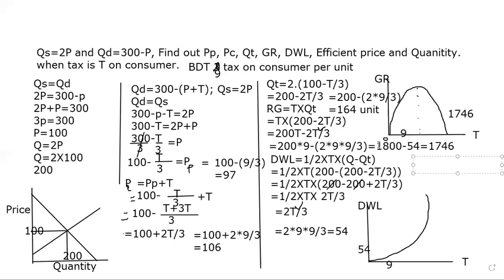So right now your government revenue will be 200 cos 12 minus 2 into 12 into 12 by 3.